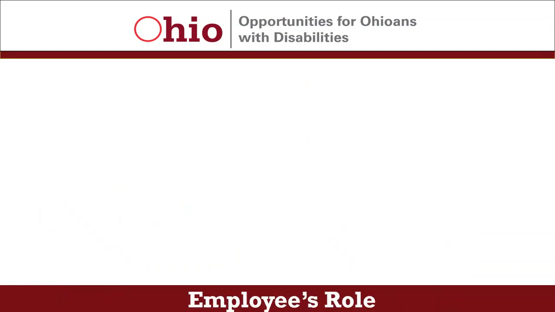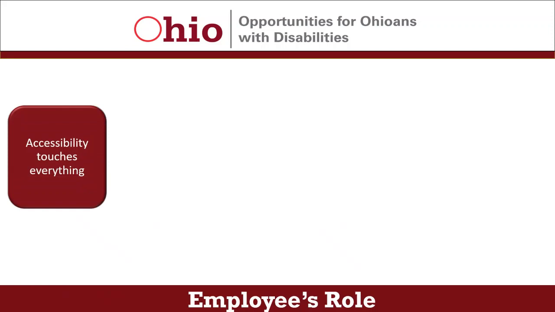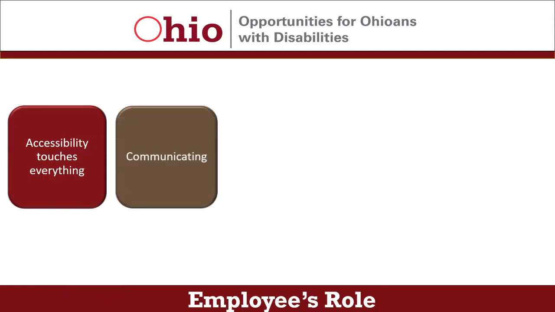Sure, Kelly. I often say accessibility touches everything we all do, which I know can sound overwhelming when we think of all the tasks and events that occur in the workplace. Employees are communicating, creating and sharing documents, participating in meetings, setting up work areas and event spaces, and creating new products and services.